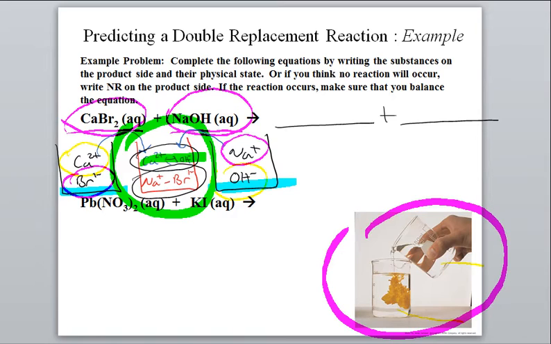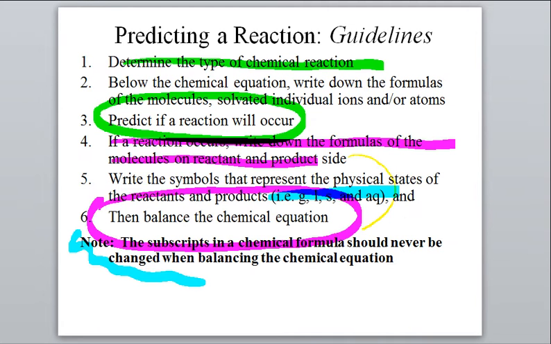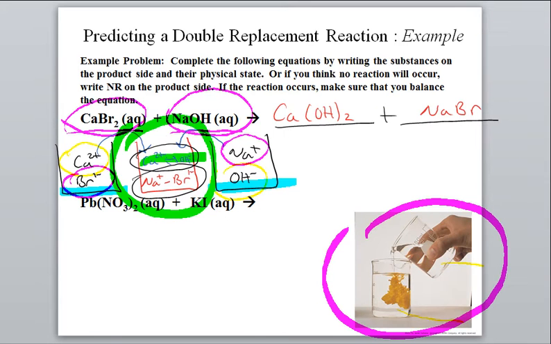And again, I know in English when you write a sentence, it matters the order. It doesn't matter in chemistry. So if we're looking at our general guidelines on the previous slide, we're on step 4 currently. So there's the formula for calcium hydroxide and sodium bromide. And as I mentioned earlier, don't combine writing the formulas for the products and balancing the equation at the same time.